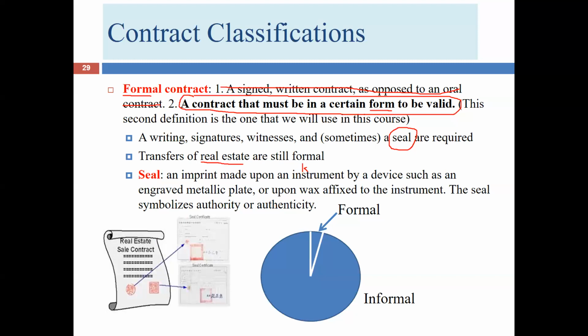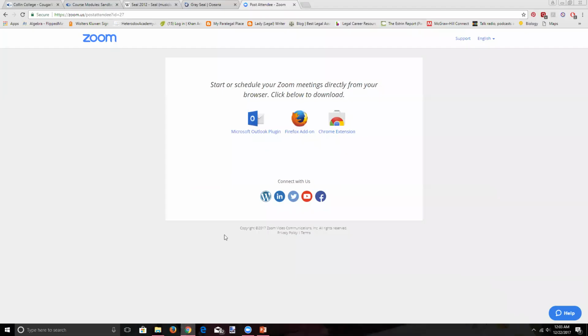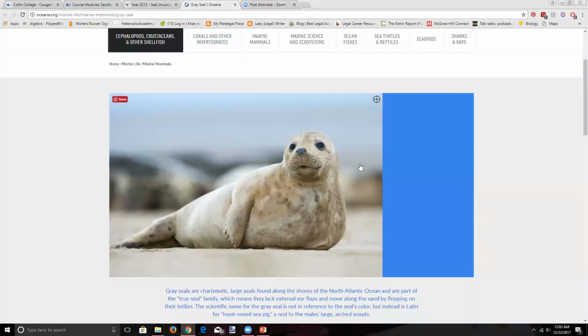So when you require a seal, you're requiring a particular format. So when we use the term seal, we're not talking about this guy, this gray seal, and we're not talking about this guy, the performer.